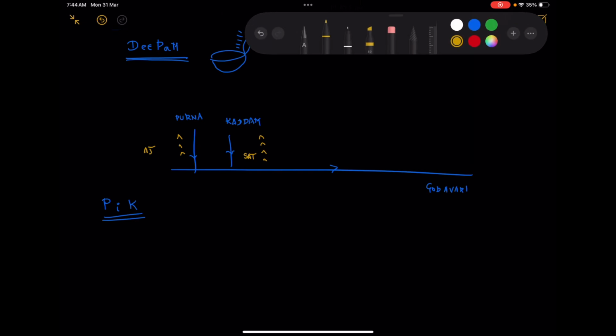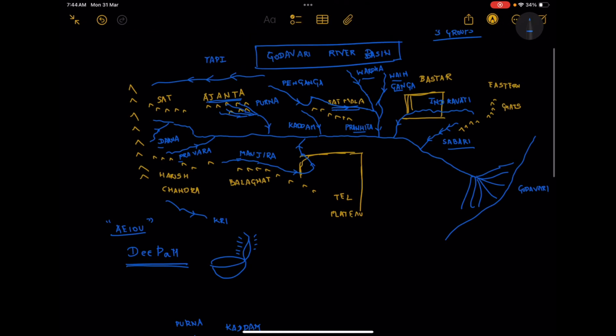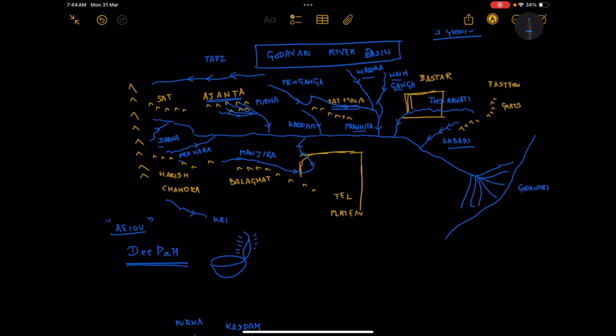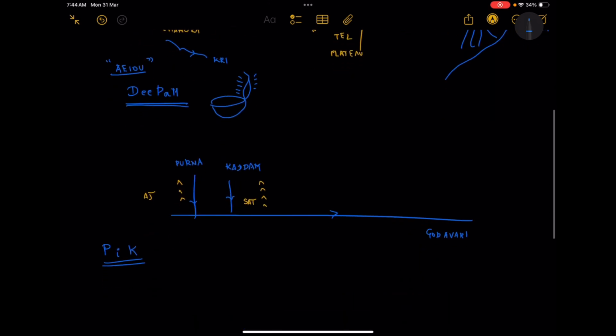Now for the second group. So let's focus on that particular segment right now. Let me retrace the line. You can see that river Penganga is separated from river Kaddam because of the presence of Satmala Hills. So we have Penganga here, and after Penganga, we had Varda, of which Penganga is a tributary, and Varda and Vainganga join together.